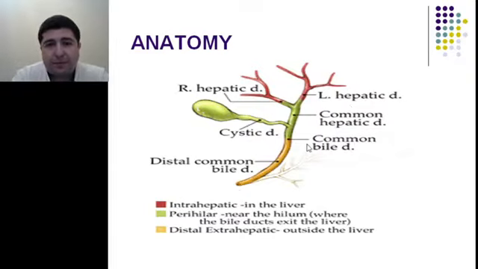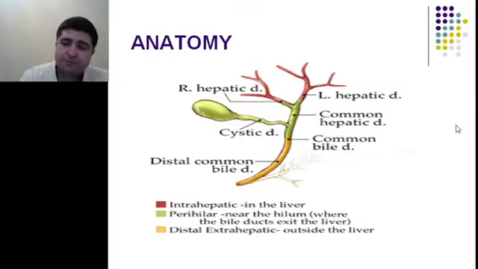As you know from anatomy, the common bile duct enters the duodenum at the papilla of Vater. Also, as you can see on this picture, the main pancreatic duct enters the papilla of Vater. That's why, in some cases of common bile duct problems, acute pancreatitis can also happen as a complication of mechanical jaundice.